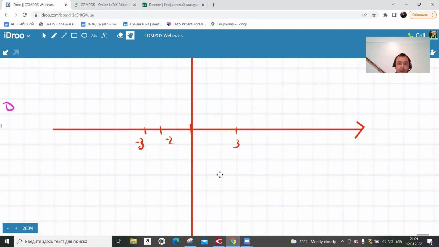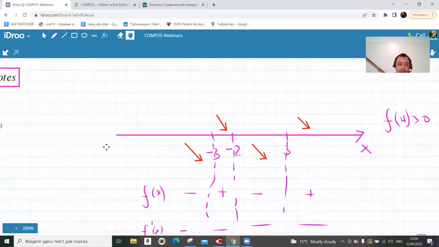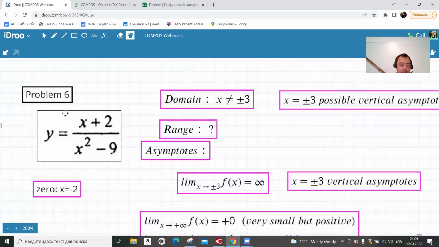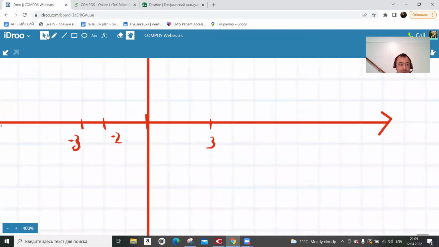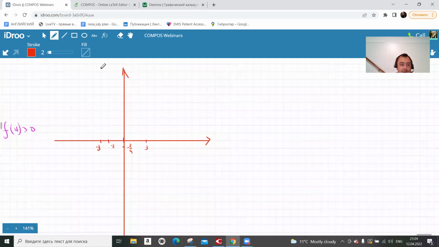It's going to be useful to find f of 0. f of 0 is going to be 0 plus 2, so it's 2 divided by -9. So that's -2/9 somewhere here. And the asymptotes. So we draw the asymptotes with dashed lines.